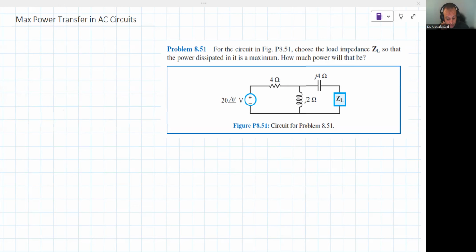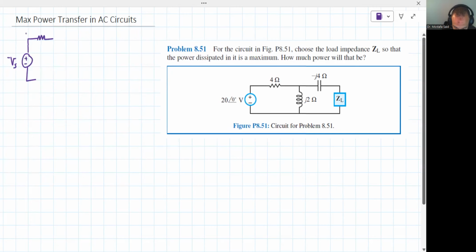Let's go back to the DC circuits. If you have a voltage source, let's call it VS for example, and it has an internal resistance RS, R source. And we connect that source to some load, some resistance R load.